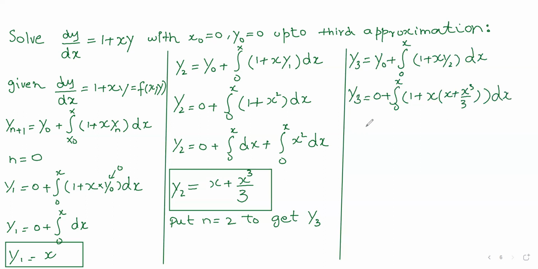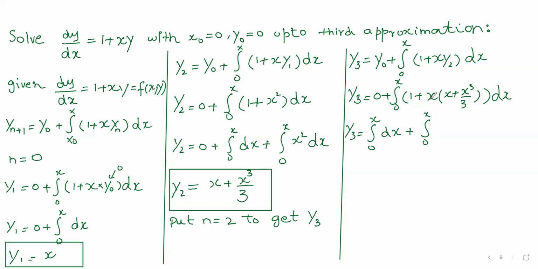So what we're going to do, y3 is equal to the integral from 0 to x of x dx plus the integral from 0 to x. So we multiply it inside.